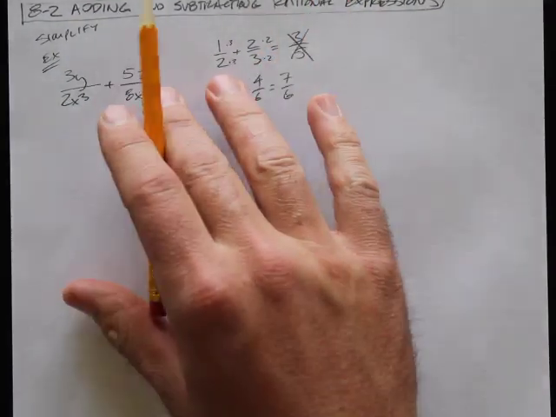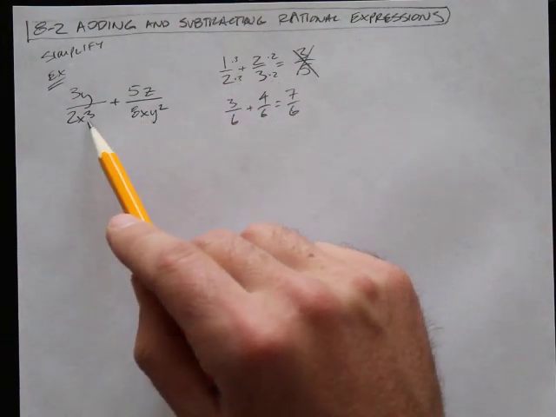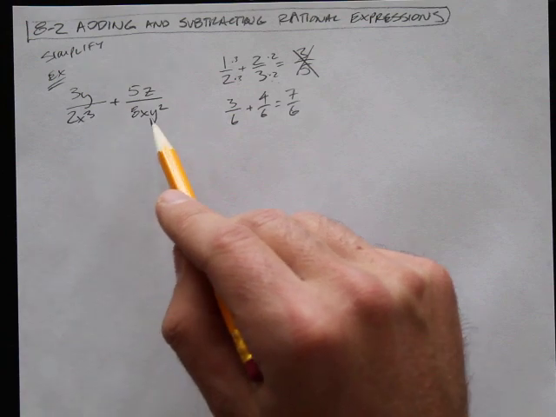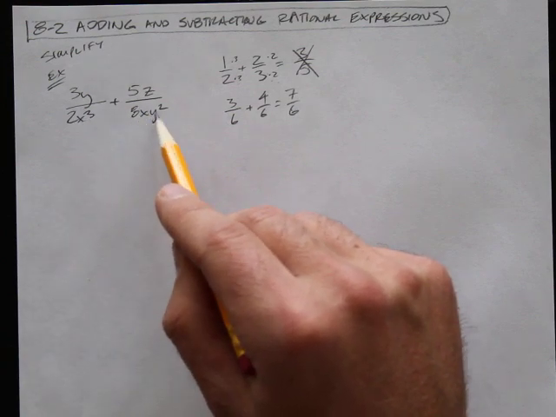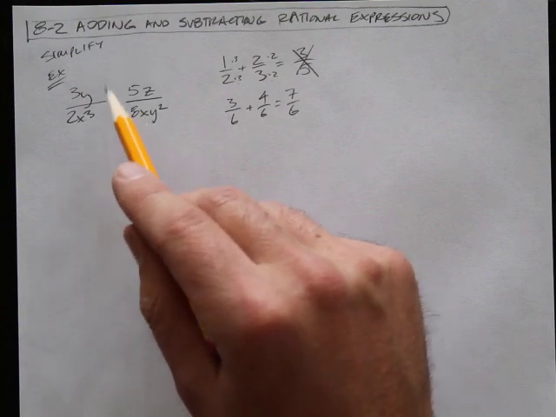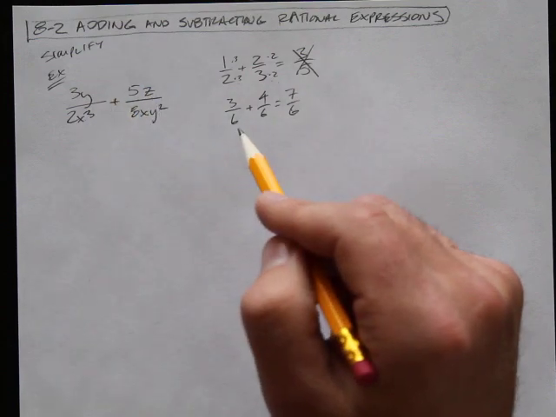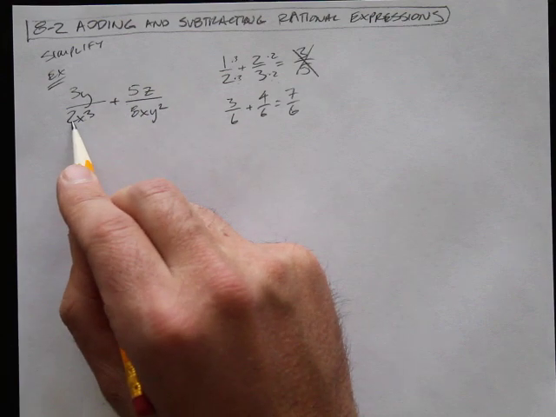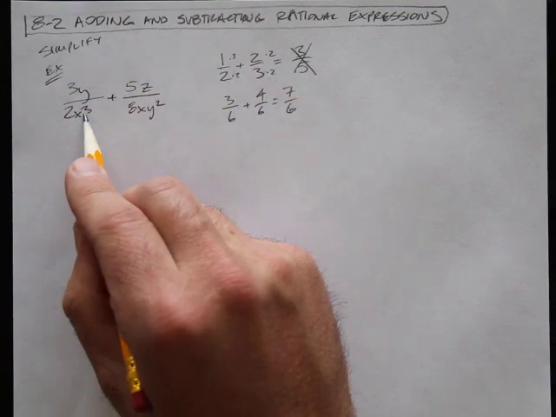So we need to do the same thing with this more complicated deal. Let's just figure out what each one of these has that the other one doesn't have, and then we just need to multiply that by the top and the bottom. No big deal. So let's look at this 2x cubed.